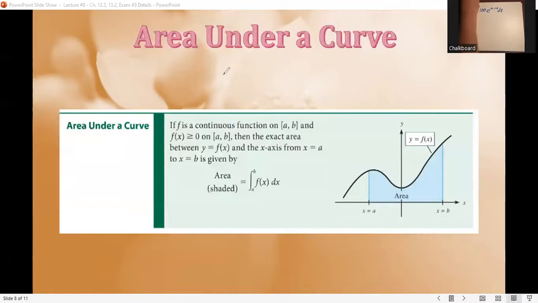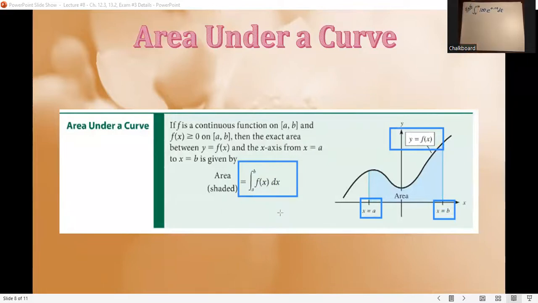Whatever that's going to be, if you integrate that and you use this number and this number as the limits, like you see here, then it will tell you that shaded area underneath. And that is perhaps the most important application of the fundamental theorem of calculus, that it represents the area under a curve bound by the two limits, the curve itself and the x-axis.